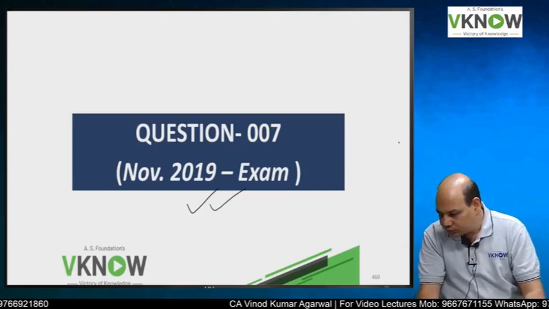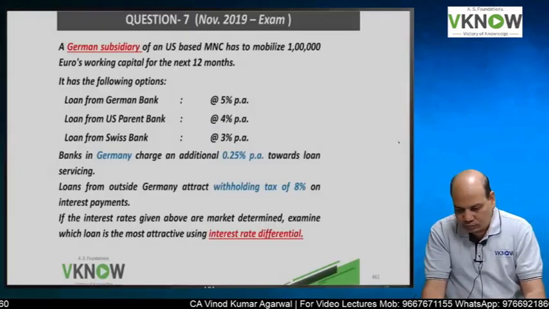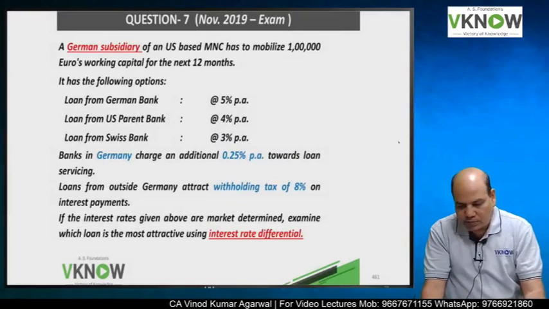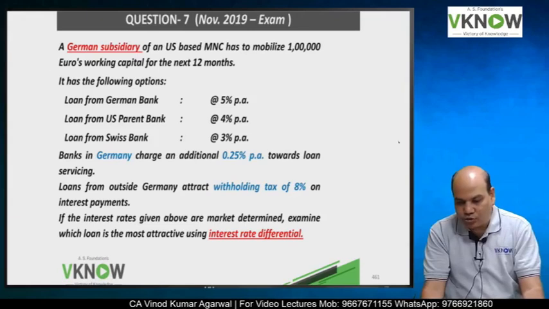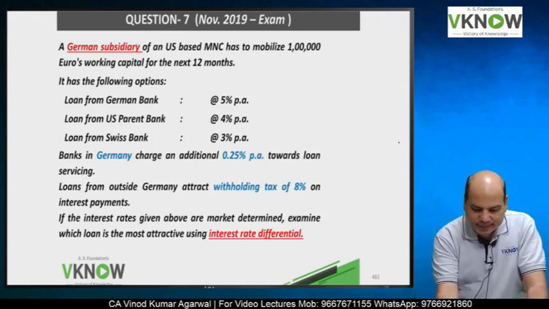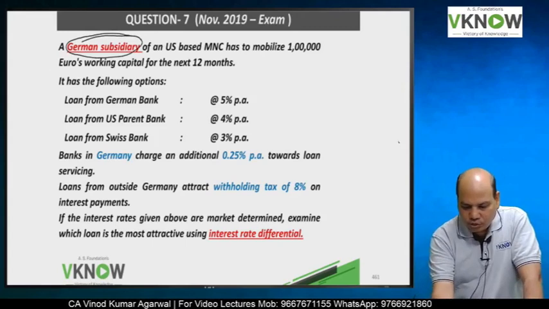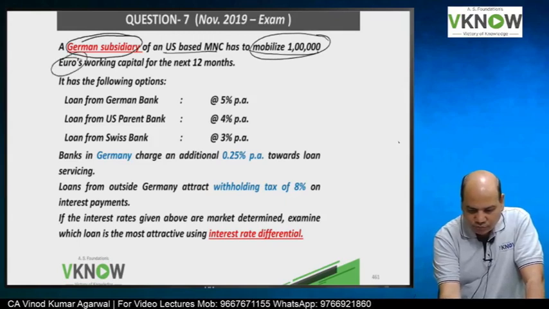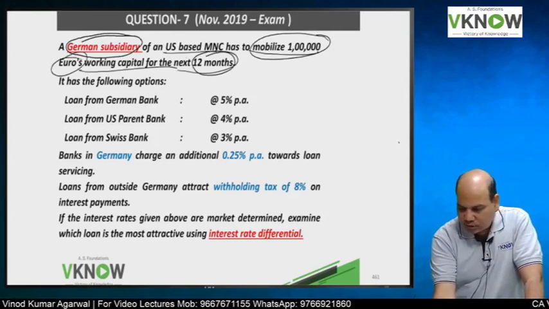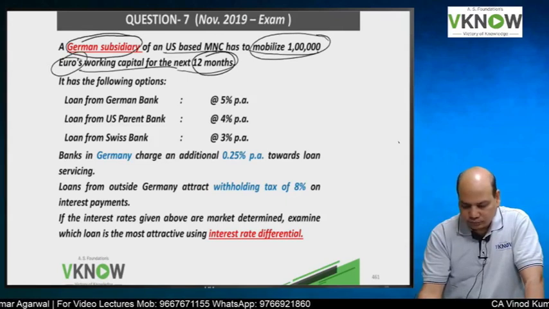A German subsidiary of a US based multinational company has to mobilize 1 lakh euro working capital for the next 12 months.